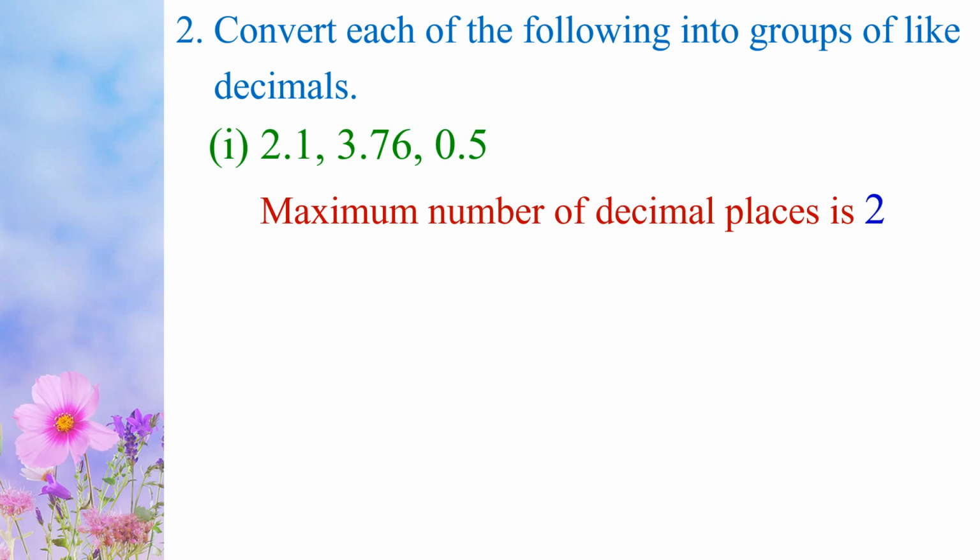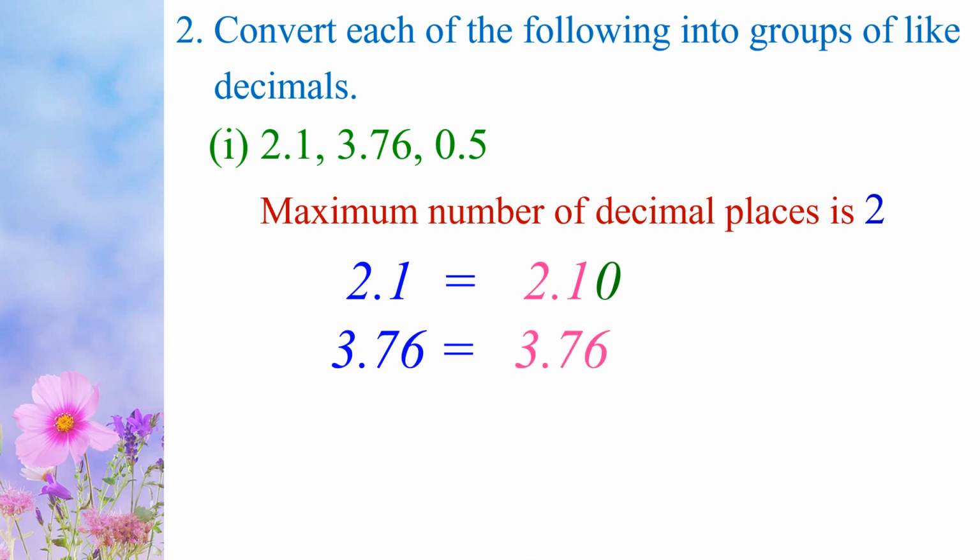First one, 2.1. Here we want the decimal part to have 2 digits. We have to add only one 0, because we already have one decimal digit. So that is 2.10. Second one, 3.76. Here the decimal part has 2 digits, so there is no need to add any zeros.